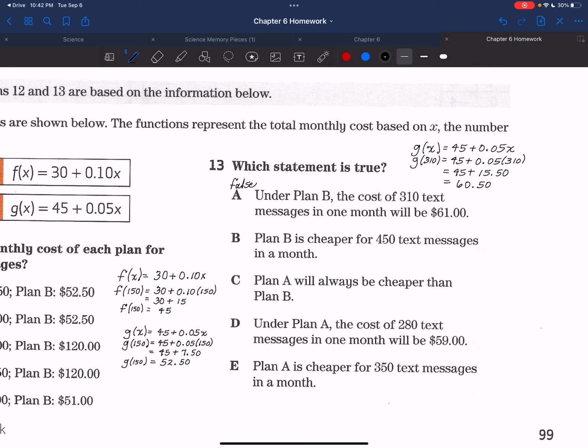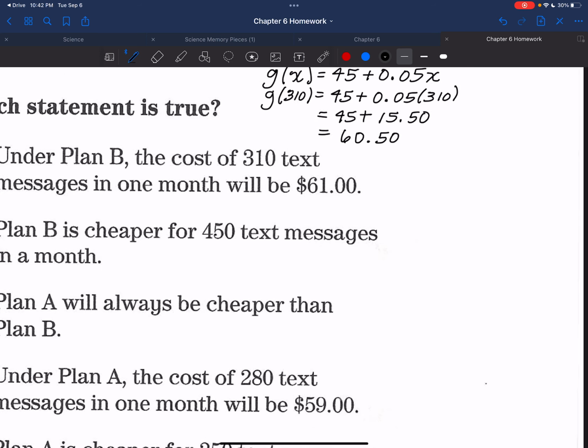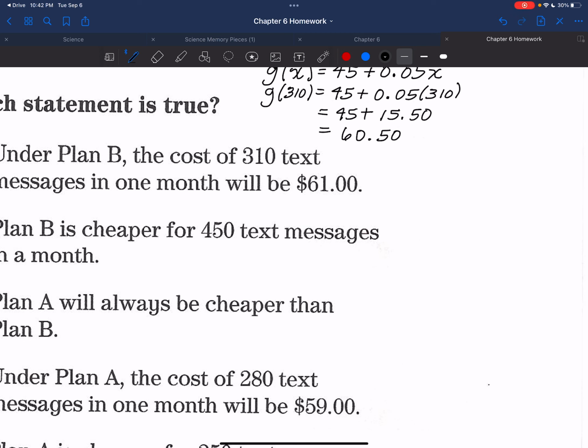Plan B is cheaper for 450 text messages in a month. Well, that's g of x, and I'm just going to say 450. So we would have 45 plus a nickel times 450.